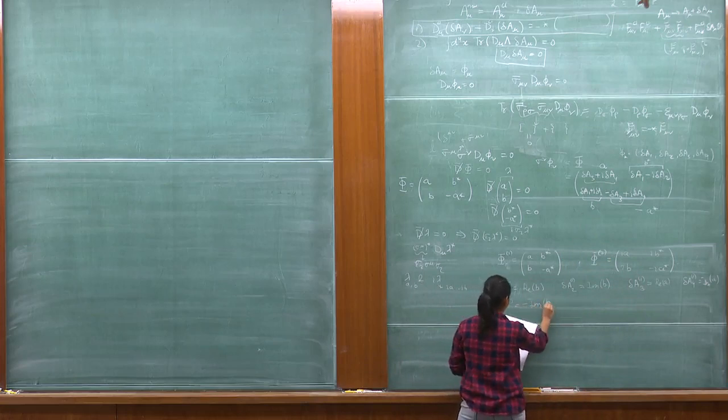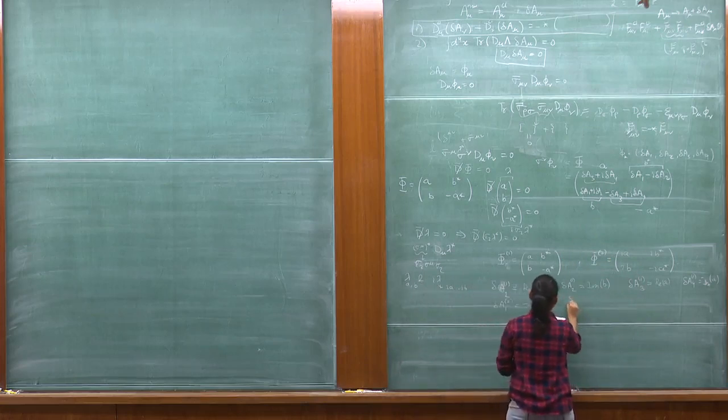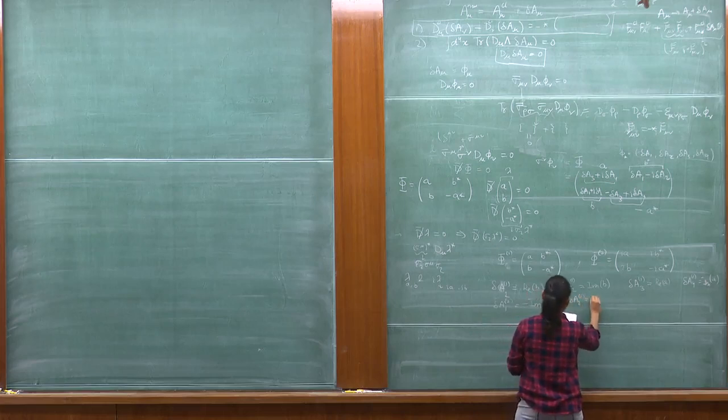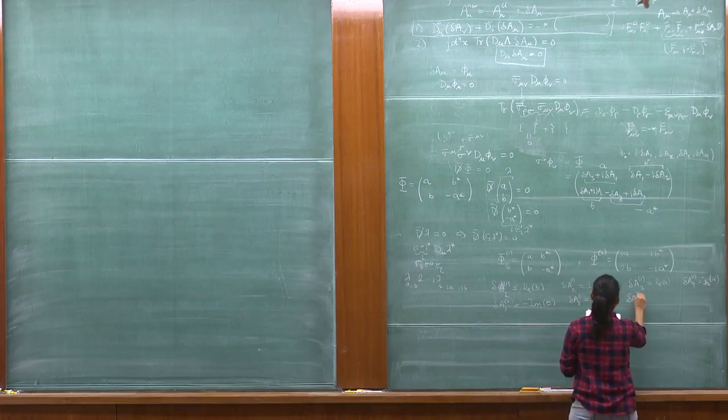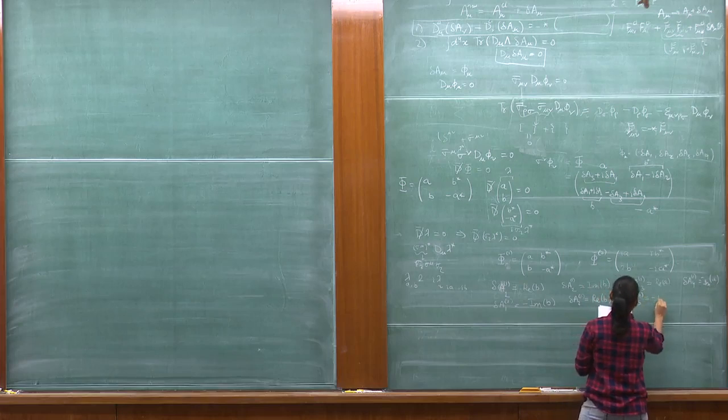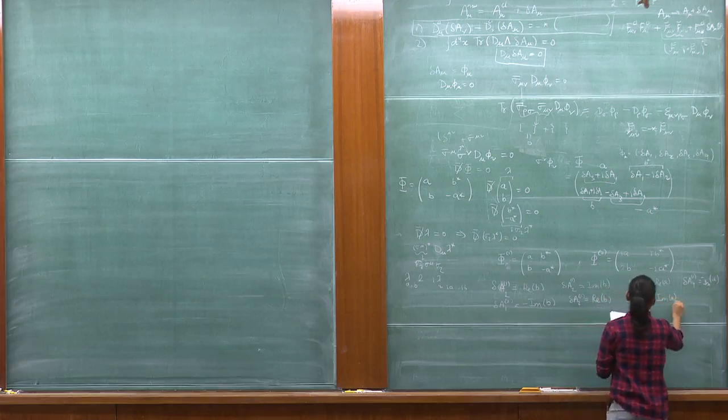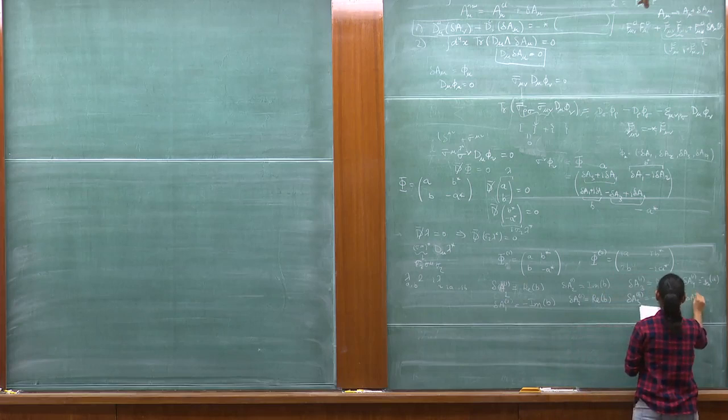This becomes imaginary part of B, delta A2 of the second solution becomes real part of B, delta A3 of this solution becomes minus imaginary part of A, delta A4 becomes real part of A.